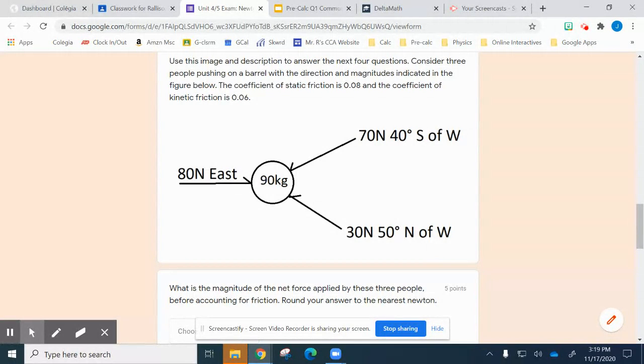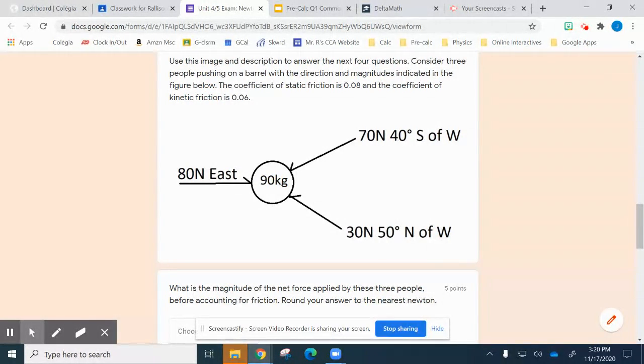Because it's either not going to slide because the force of friction is greater than the net force on the barrel, or it's going to slide, and if it slides, that means it's got a net force that overcame the friction, which means it's going to have an acceleration in some direction.